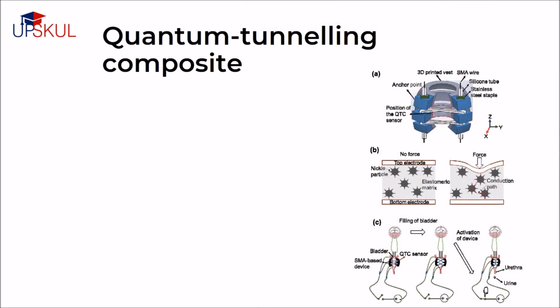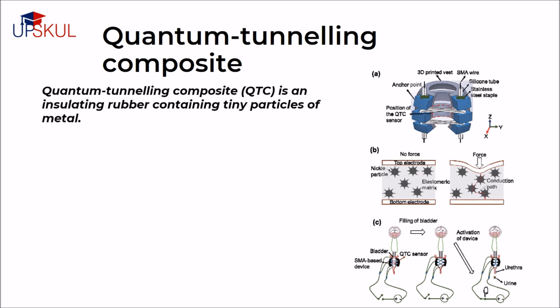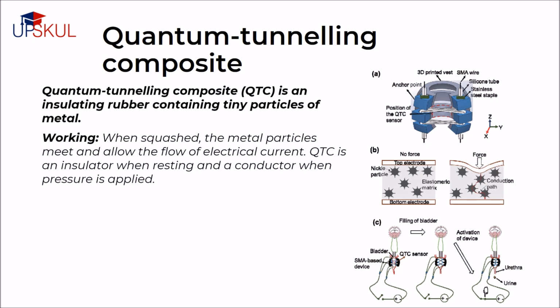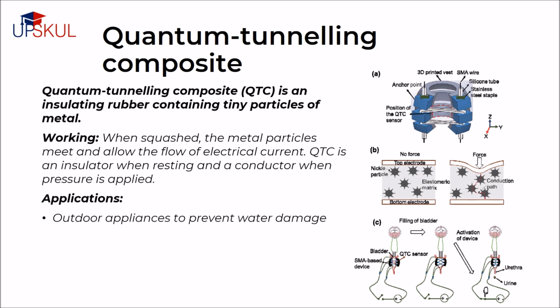Quantum tunneling composite (QTC) is an insulating rubber containing tiny particles of metal. When squashed, the metal particles meet and allow the flow of electric current. As a result, QTC is an insulator when resting and a conductor when pressure is applied.